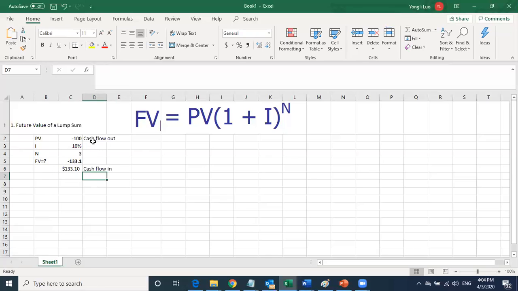That's what we call cash flow out and cash flow in. Whenever money goes out of your pocket, put a negative sign. When money goes into your pocket, it's positive. That's why usually in present value and future value questions, we make the present value negative, because most of the time it's your investment. So this is the future value of a lump sum question.